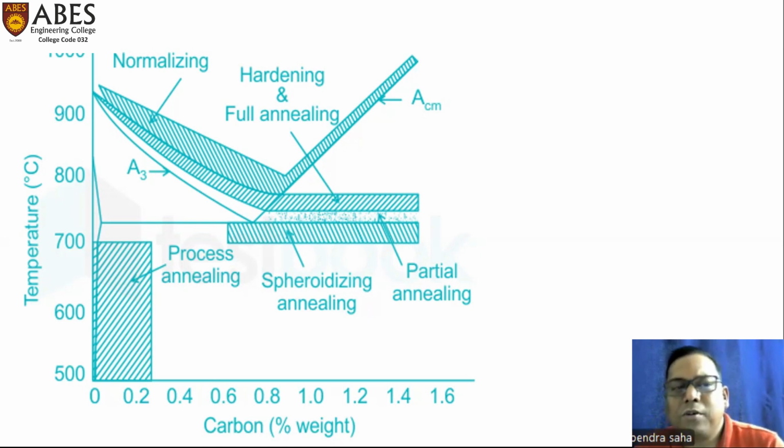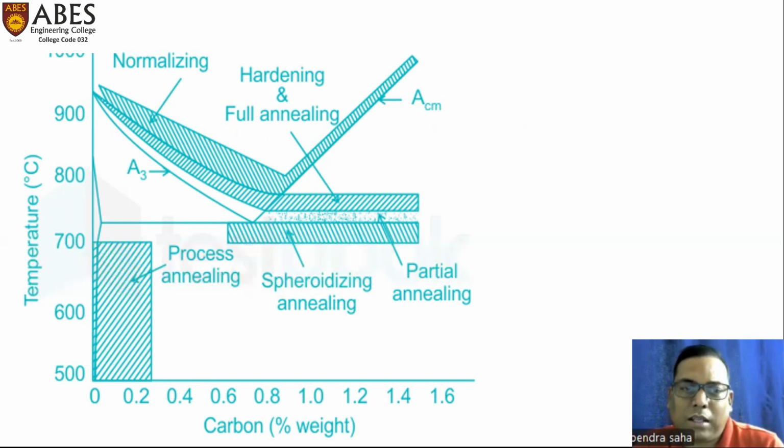It is sometimes called the recrystallization temperature. If the metal is heated above the recrystallization temperature, heat treatment applies. And obviously the metal has to be heated to at least the AC3 temperature. AC3 temperature means near about 800 to 900 degrees centigrade. It is the AC3 temperature.